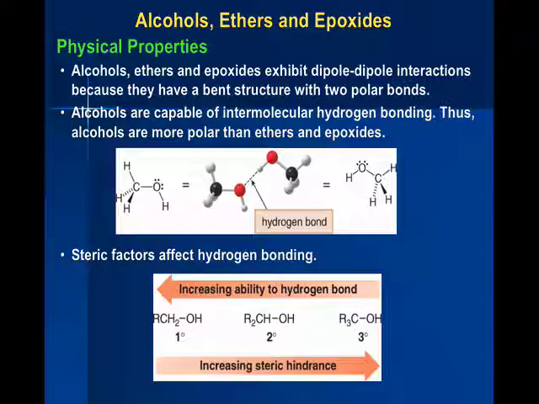And so if you think about methanol, a simple example here, we have an oxygen atom that has lone pairs, obviously, and a hydrogen atom attached to that. And so 2 of these molecules can actually come together and form a hydrogen bond, where the hydrogen on the OH of one alcohol is forming a hydrogen bond with the oxygen of another molecule.